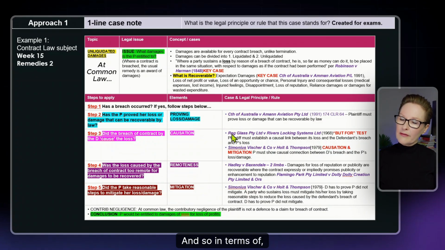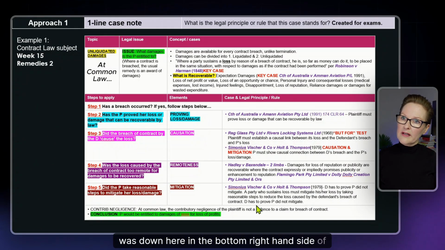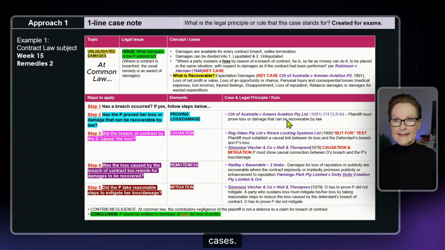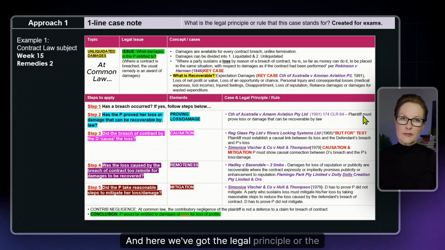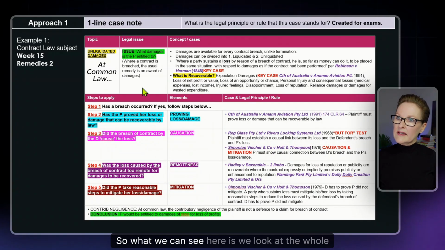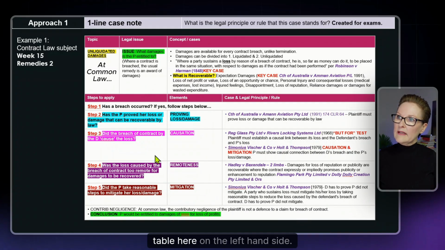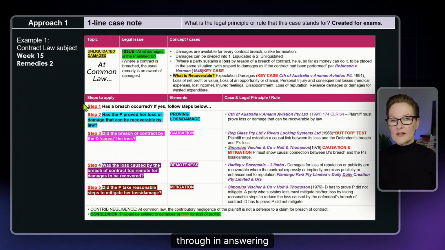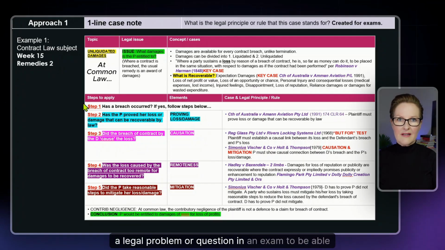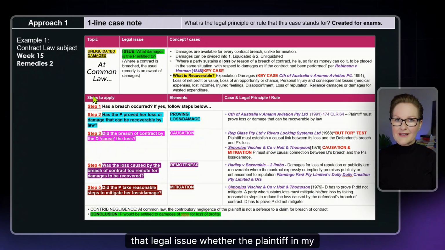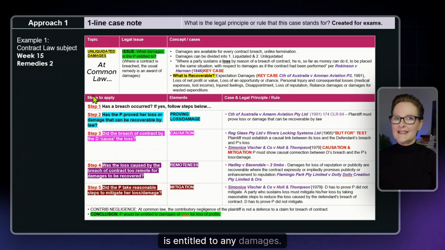What I just wanted to share with you was down here in the bottom right-hand side of this table, where I've got the name of the key cases, and the legal principle or legal rule that each case is known for. If we look at the whole table on the left-hand side, these are the steps I would need to go through in answering a legal problem in an exam, to address whether the plaintiff in my scenario is entitled to any damages.